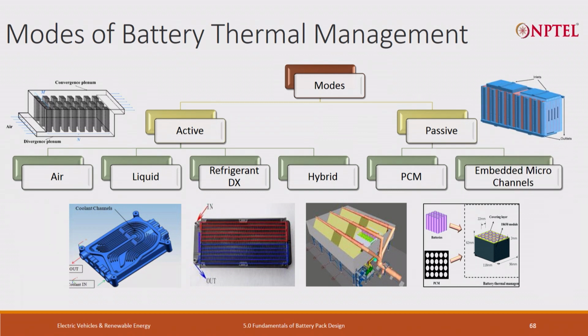The other one is embedded micro channels. In this, because of the capillary action, first of all, the fin density is very high, so that helps to release the heat into the ambient.